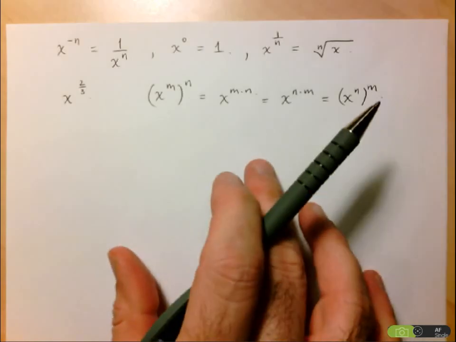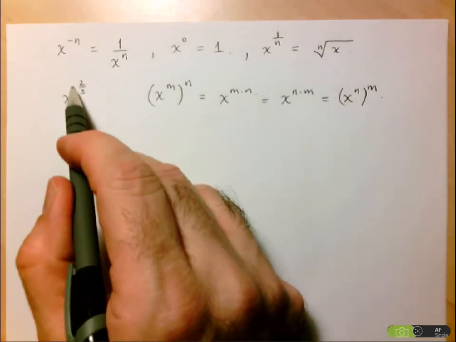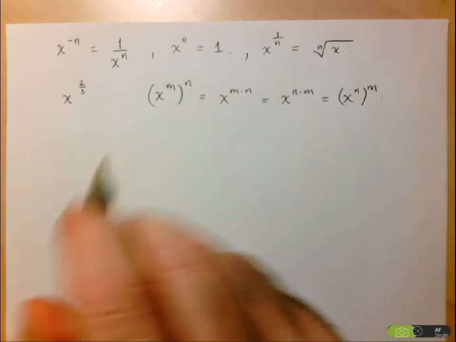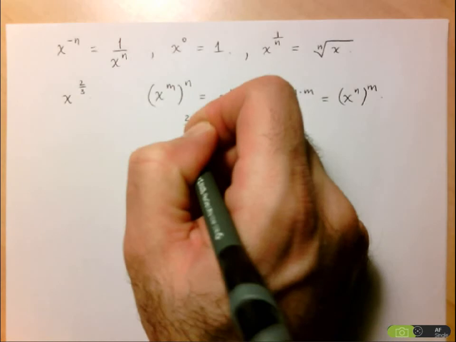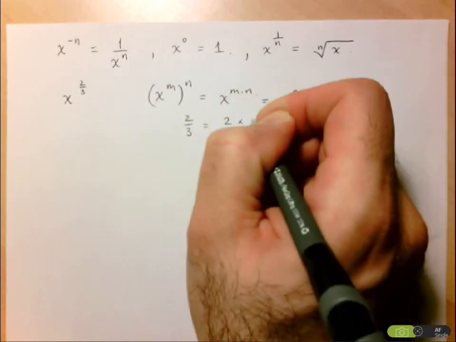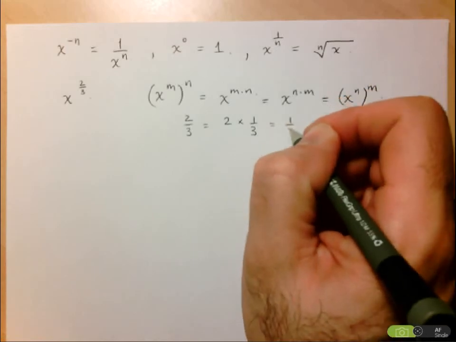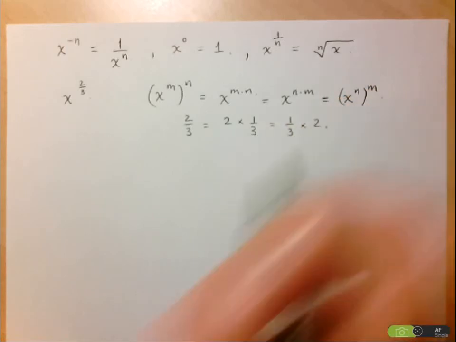Now let's see how that helps us with this scenario. We're going to take this exponent 2/3 and rewrite it as a product. I'm going to write 2/3 as the product of 2 times 1/3, which of course is the same as 1/3 times 2.